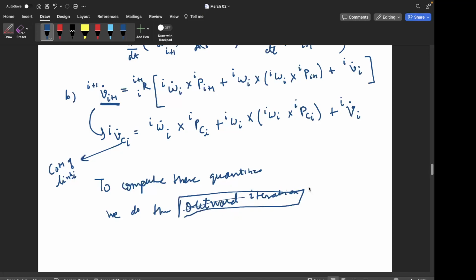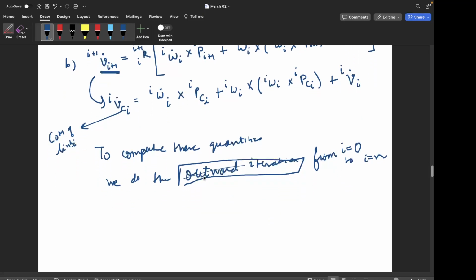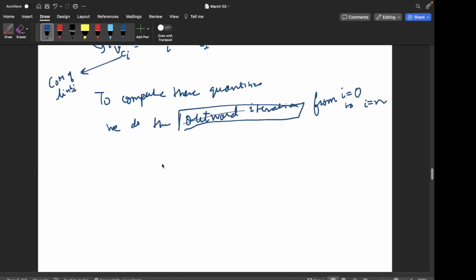That is, move from the innermost link to the outermost link, from i equal to 0 to i equal to n. So we solve these equations starting from the first link to the final link and calculate these quantities for each of the links. That is the outward iteration.